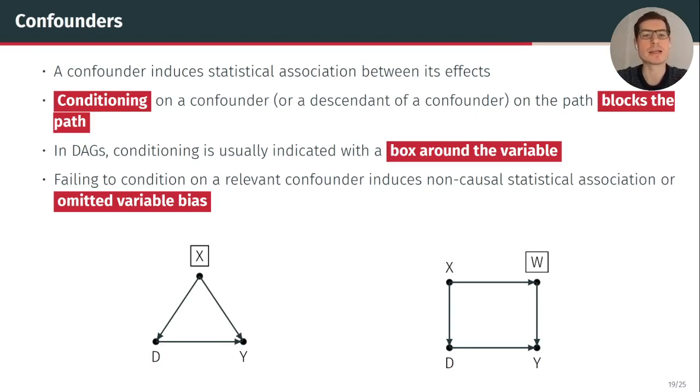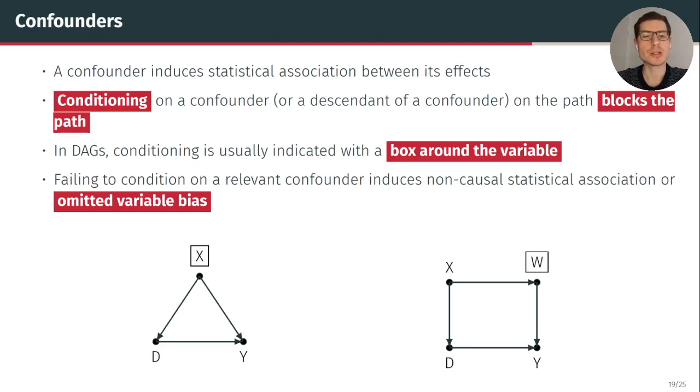But here the idea is when we can measure X, we can control for it, we can block it. We would usually indicate that by drawing a box around a variable. And then there is no information flowing, so to speak, from D to Y via X. And what's left then is the actual causal effect between D and Y.